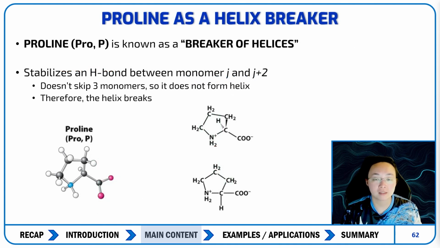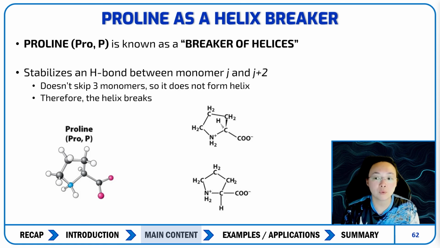So to wrap up this section, I wanted to present something that makes a helix not form its usual shape, called a helix breaker. So we're going to introduce proline. Proline is an amino acid that's known as the breaker of helices. The reason for this is because it helps to stabilize a hydrogen bond between the first and third monomers versus the first and fifth monomers.